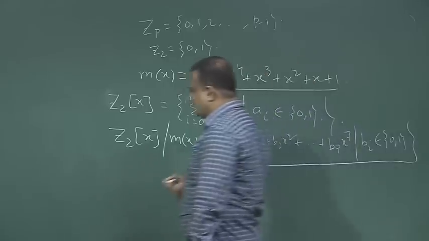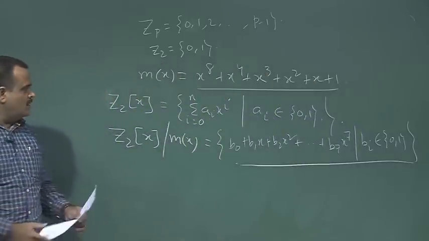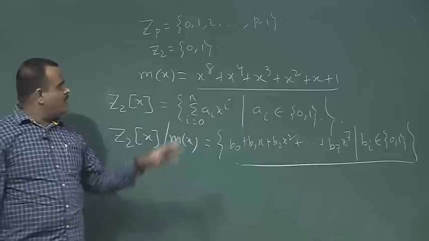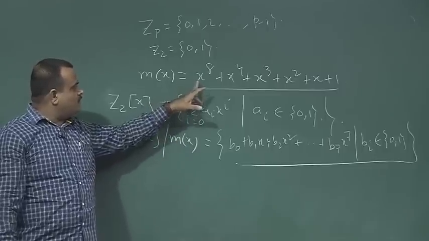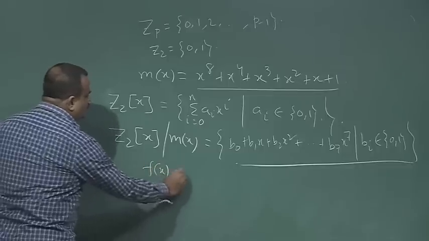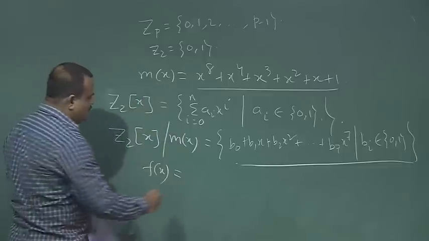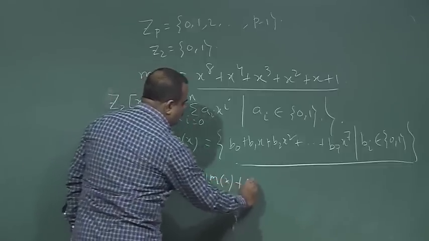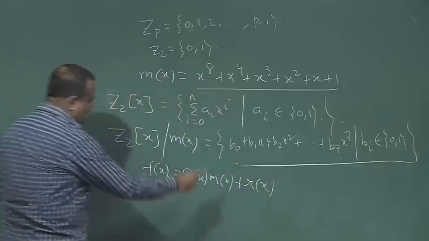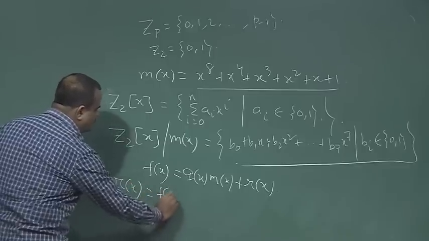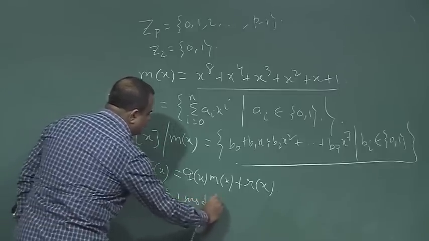So, basically the idea is we take an arbitrary polynomial of any degree, then we try to divide that polynomial by this polynomial. We will get some quotient and some remainder, and that remainder is basically f(x) mod m(x).